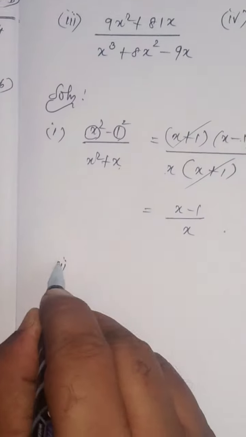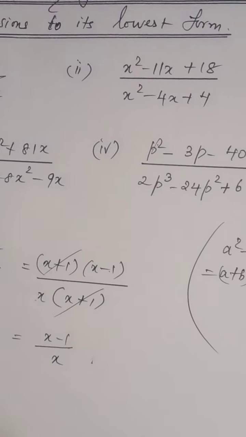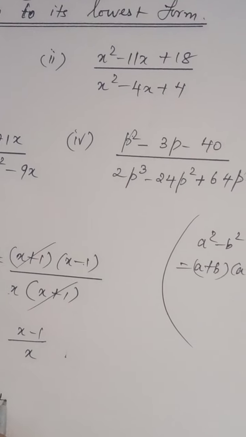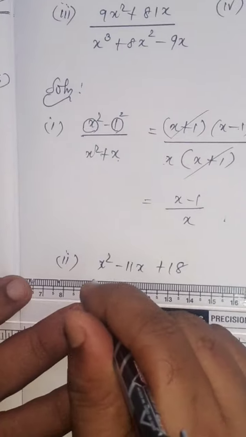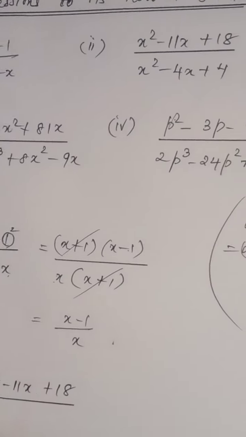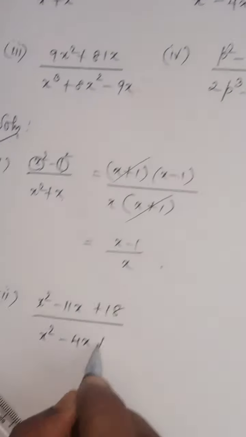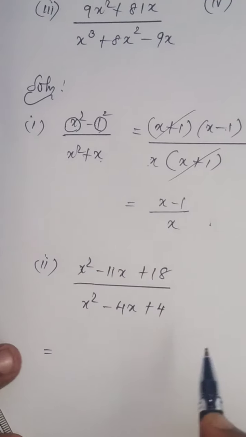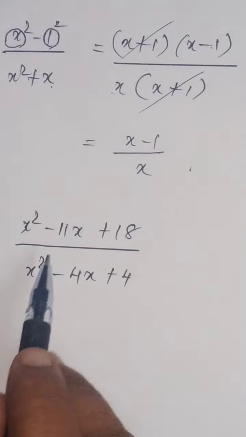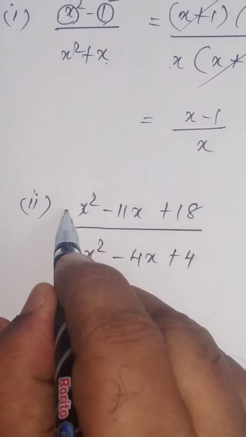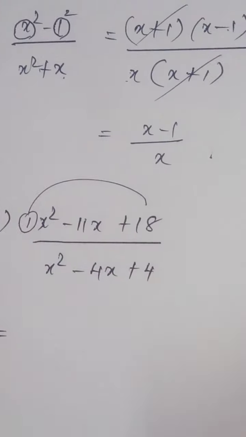Now subdivision number 2: x squared minus 11x plus 18 divided by x squared minus 4x plus 4. Both are quadratic polynomials, because the degree is 2. We can factorize. 1 into 18.